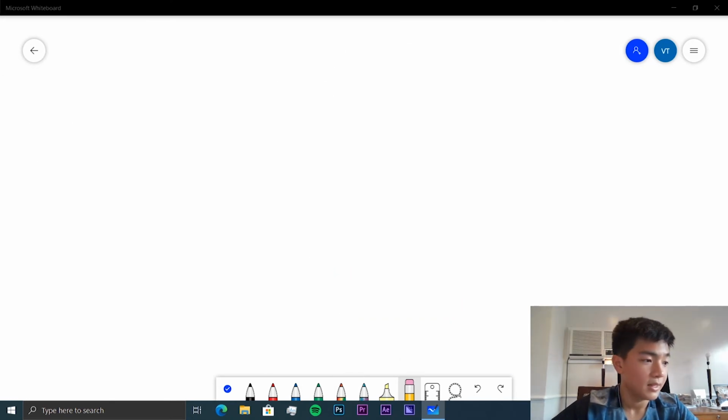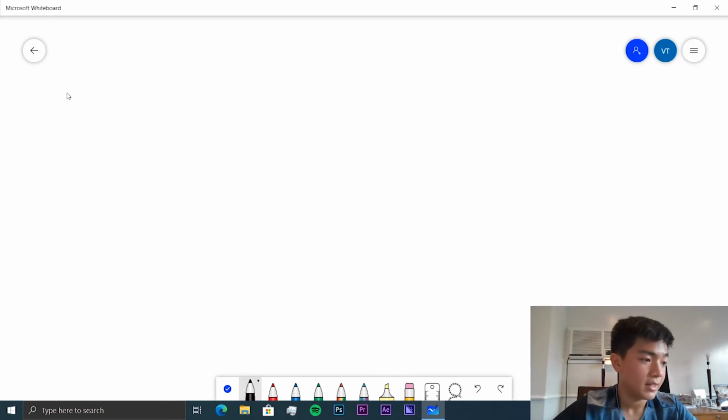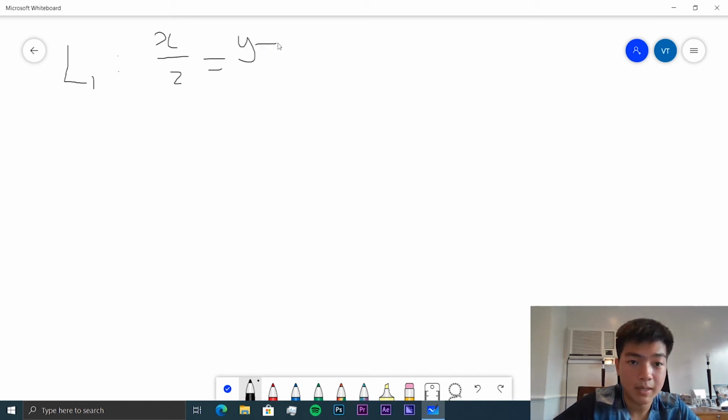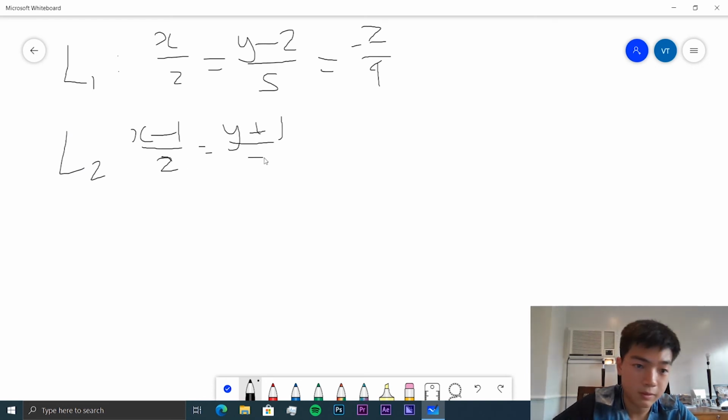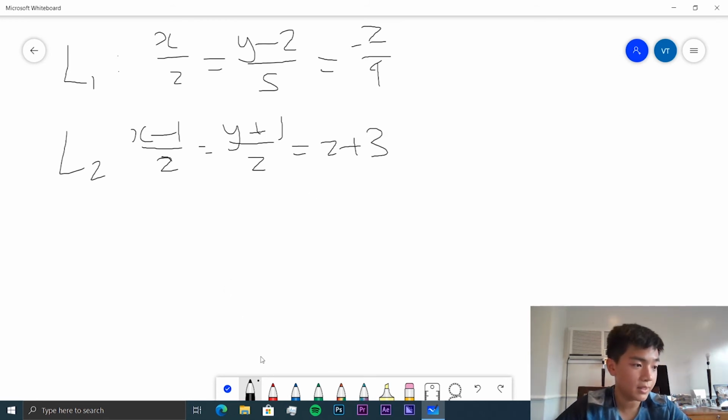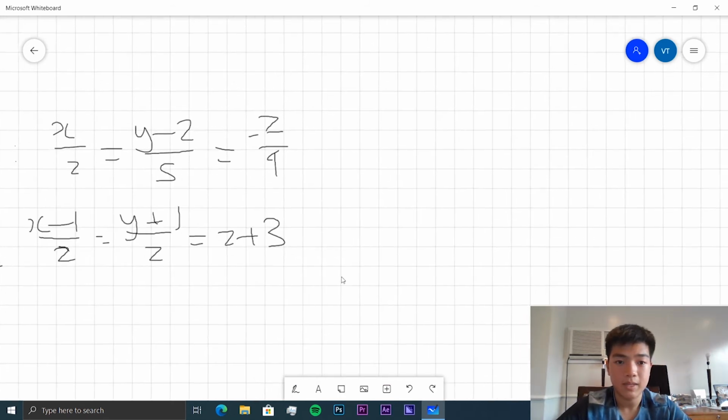Okay, next we need to check whether the lines L1 is equal to x over 2 is equal to y minus 2 over 5 is equal to z over 4, and line 2 is equal to x minus 1 over 2 is equal to y plus 1 over 2 is equal to z plus 3. So let's rewrite these in parametric form.